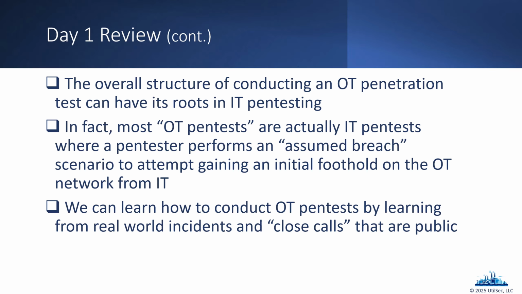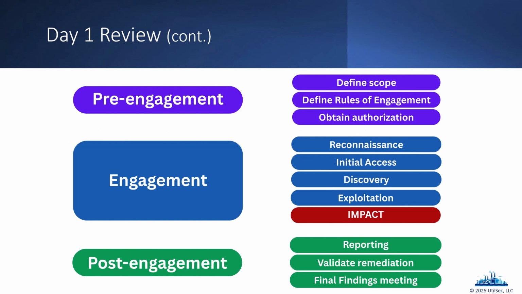So there's a lot of, kind of, the highlights of what we had covered in the first day of the course. That's the first 6 parts, all of what we consider day 1, right? The first half. And then, of course, we have the OT pen tester methodology itself. Our pre-engagement, what we do before the fun stuff. Post-engagement, what we do after, working with the clients, right before and after. And then the actual fun stuff, right?